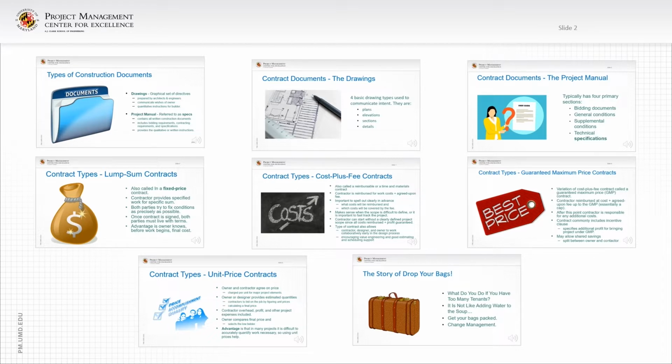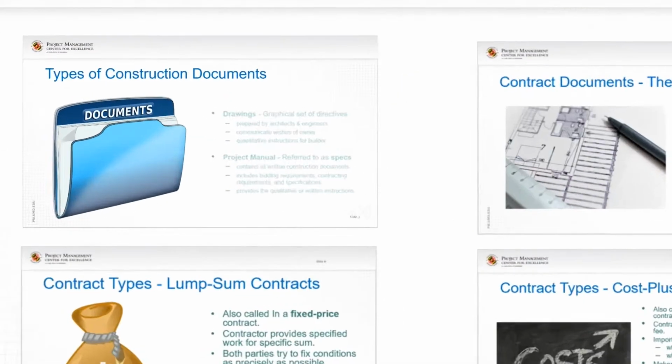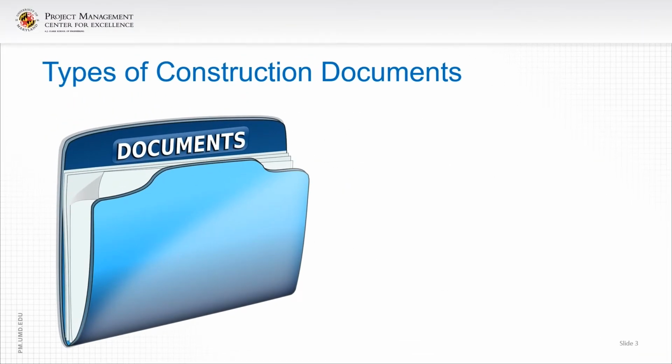And finally, we'll wrap up with a story about a contract scope bust and the fix to take care of the problem. So let's continue on. Let's start out by talking about the different types of contract and construction documents.